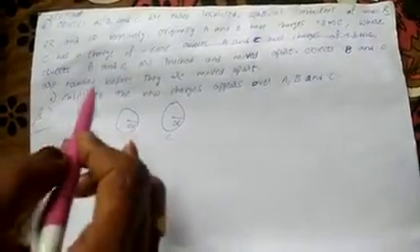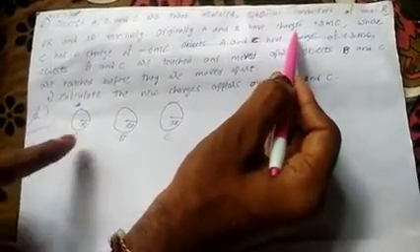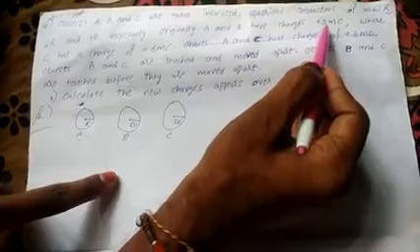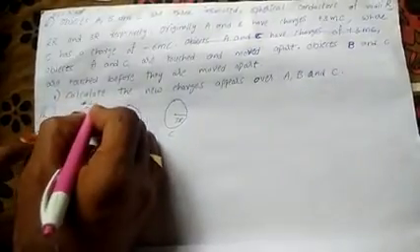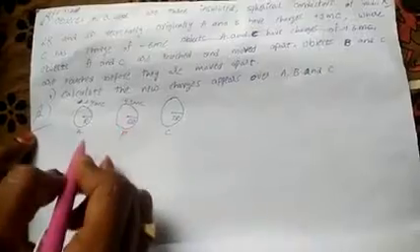Now originally A and B have charges of plus 3 millicoulomb. So body A has a charge of plus 3 millicoulomb, and B also has plus 3 millicoulomb.